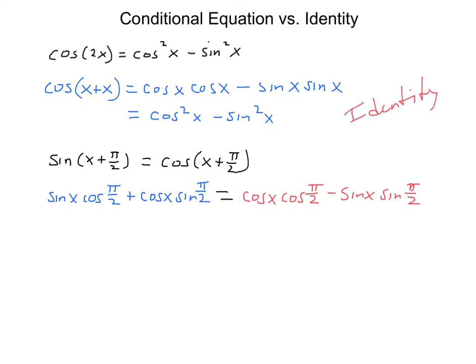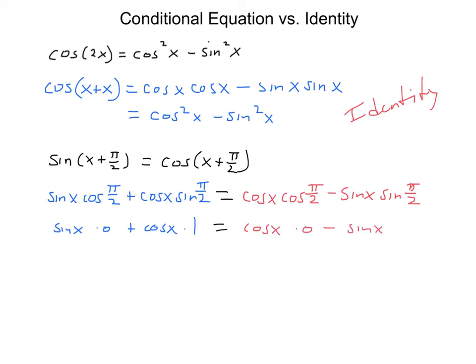So on the left, the first term is sine of x times 0 plus cosine of x times 1, and that equals the cosine of x times 0 minus sine of x times 1.